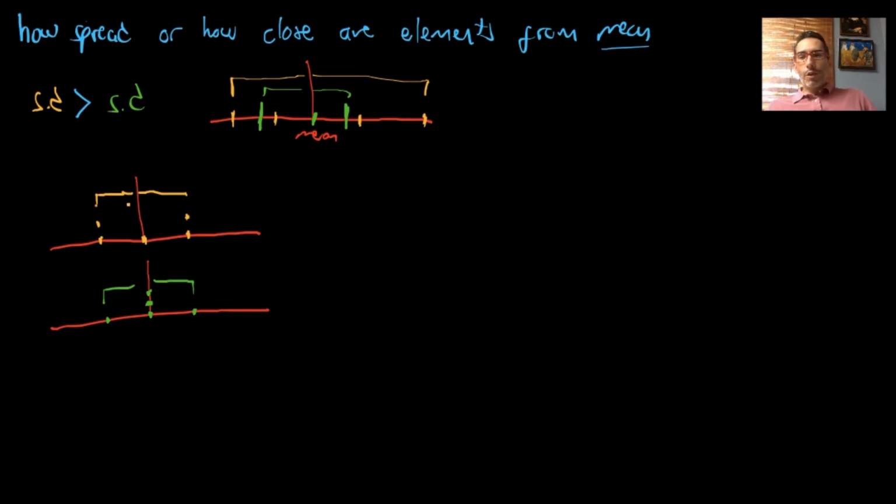Again, the elements in green have more weight towards the mean, towards the center, and the elements in yellow have a tendency to go far from the mean. Again, in this scenario, we still have that the standard deviation of the elements in yellow is definitely greater than the standard deviation of those in green, okay? Clear?